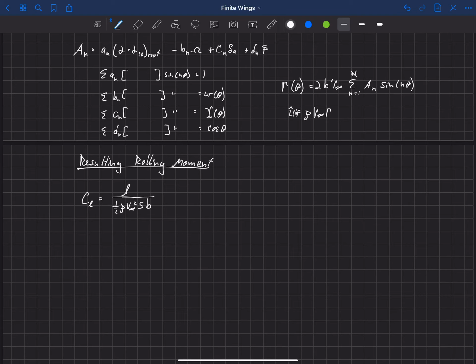Now the rolling moment L is equal to the integral of the lift from minus b halves to b halves. So we're going across the entire wing. We're integrating the lift at any z location times the distance to that location z, and we're integrating in z.